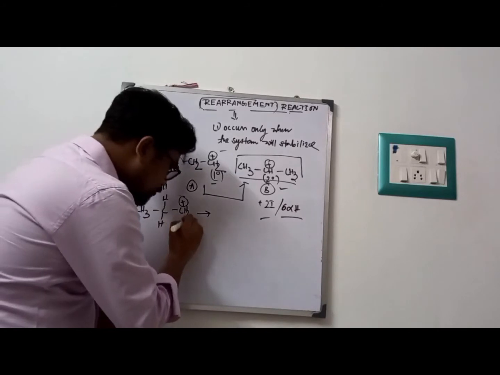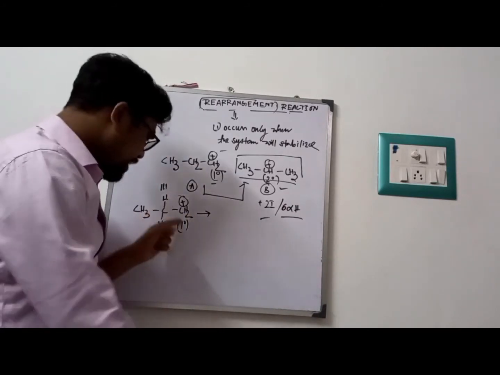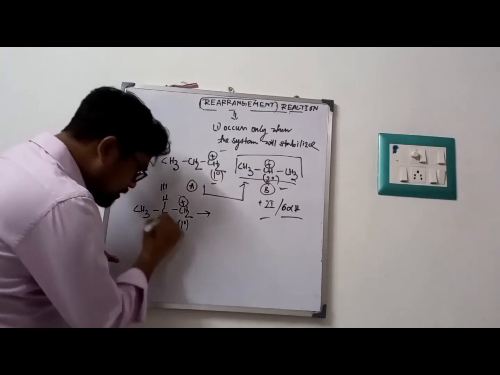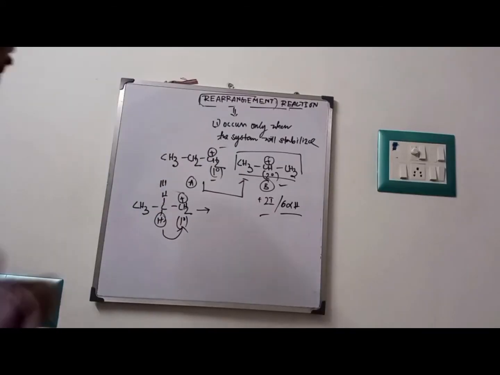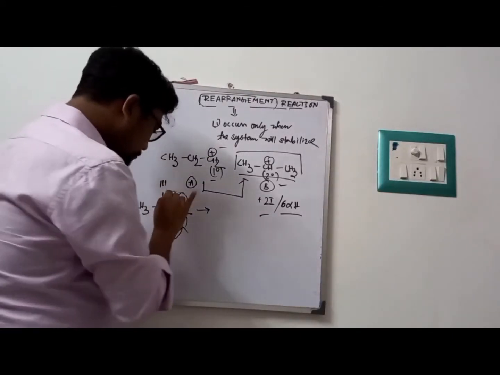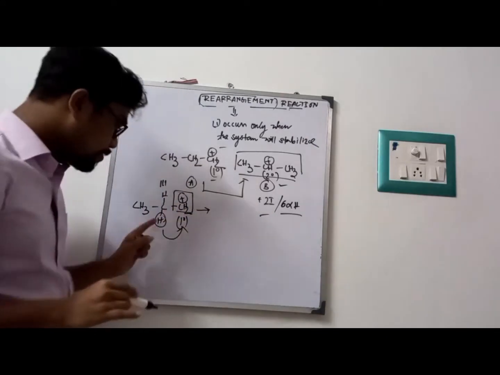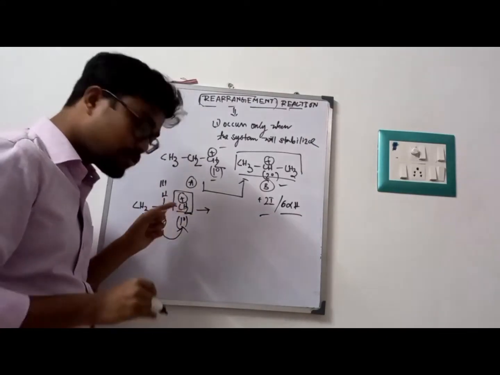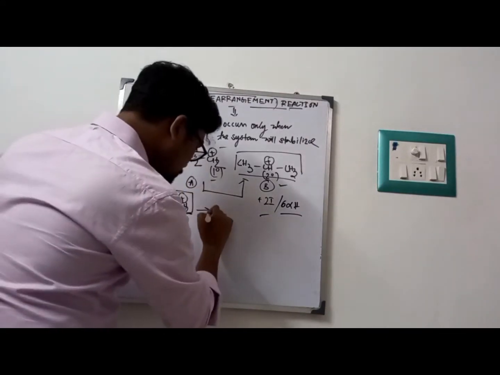Now this is a 1 degree carbocation. Suppose this hydrogen shifts to this carbon, then what happens?